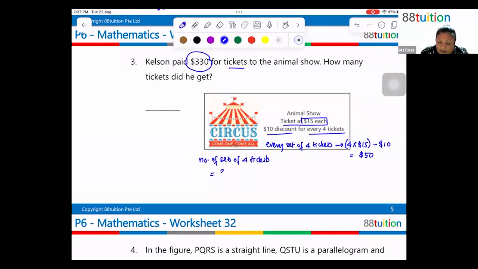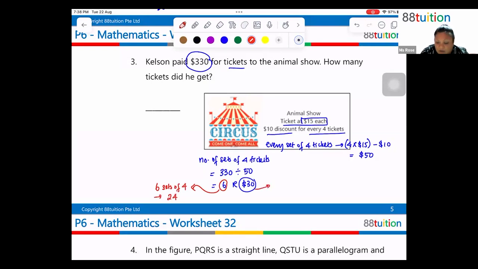I take 330 divide by 50 to give me 6, remainder $30. Because 6 times 50 is $300. Now, this 6 refers to what? 6 groups or 6 sets of 4 tickets. 6 sets of 4 to give me 24 tickets.